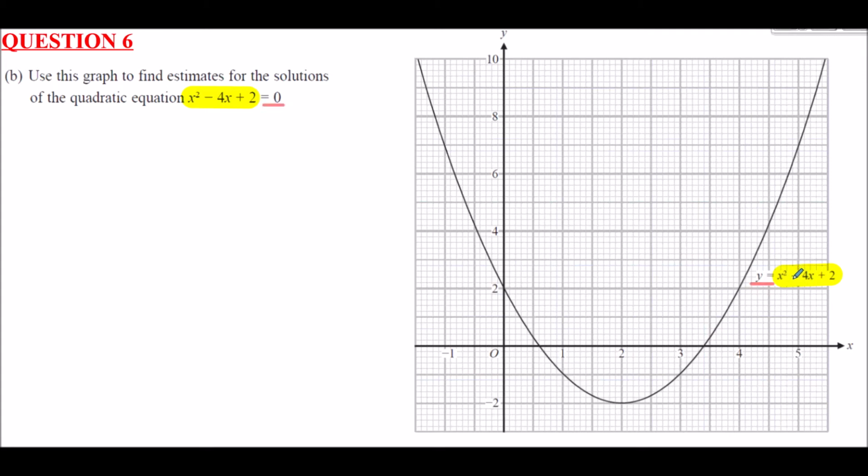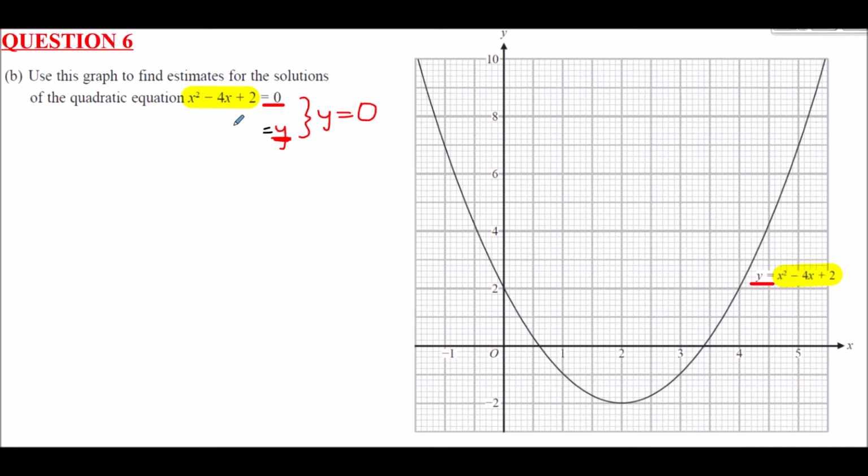So we're wanting to see when y is equal to 0, because this expression is equal to y. So whereabouts is y on this graph equal to 0? And when we know that, it's the same as when this curve equals 0.